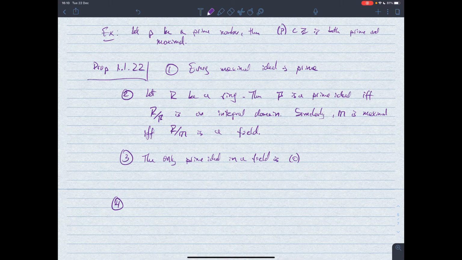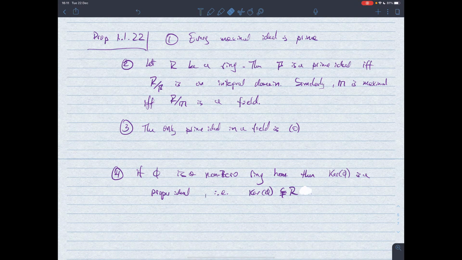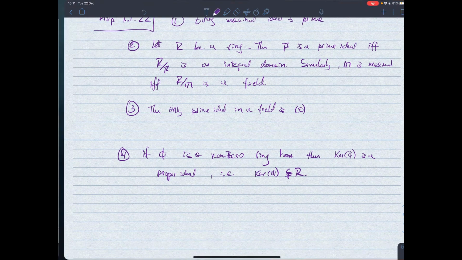Fourth, if phi is a non-zero ring homomorphism, then the kernel of phi is a proper ideal. By which I mean the kernel of phi is contained in R, but it's not the whole ring R. So the kernel of phi is not the whole ring.